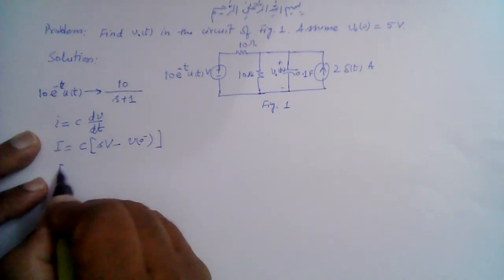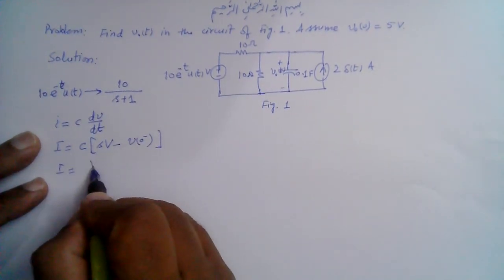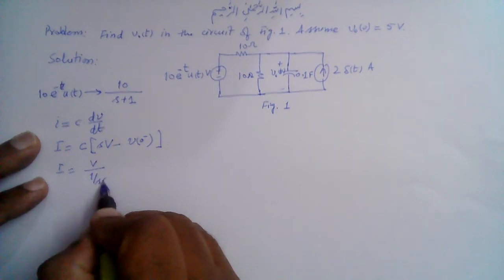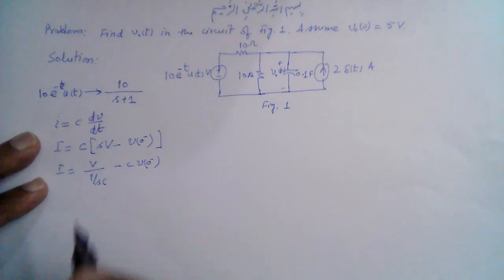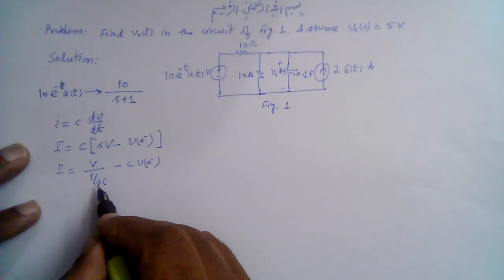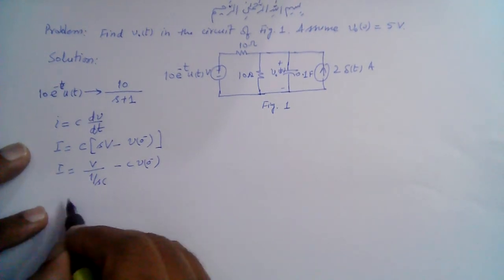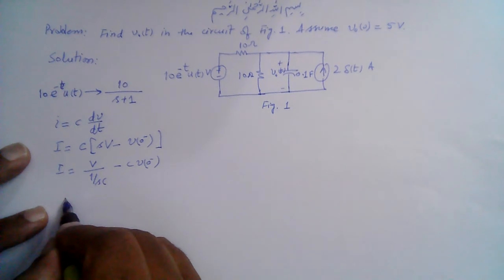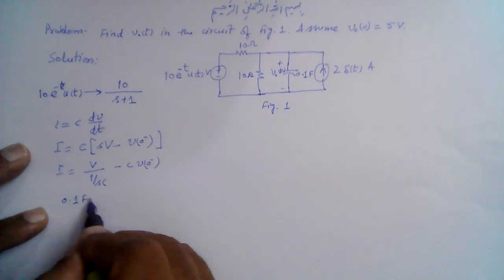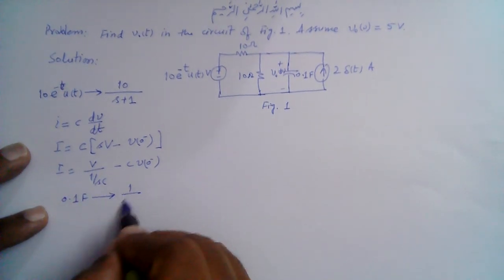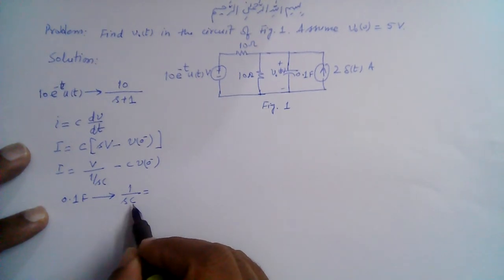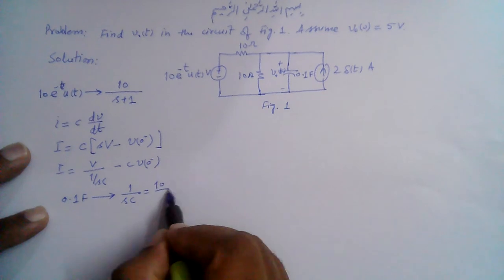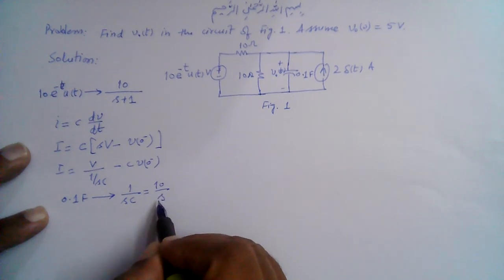So that is I is equal to V over 1 over sc minus c v0 negative. So this is the impedance of this capacitor, 1 over sc. So C, which is 0.1 farad, is 1 over sc. So C is 0.1, 1 over 0.1 multiplied by s, so that will be 10 over s.